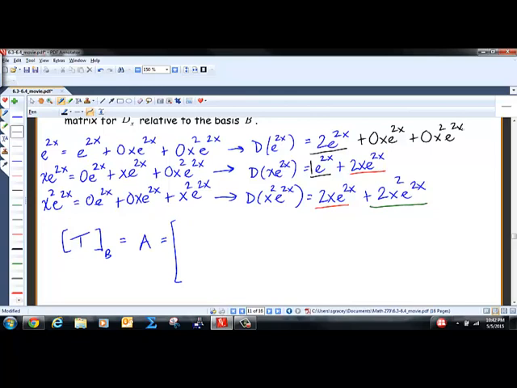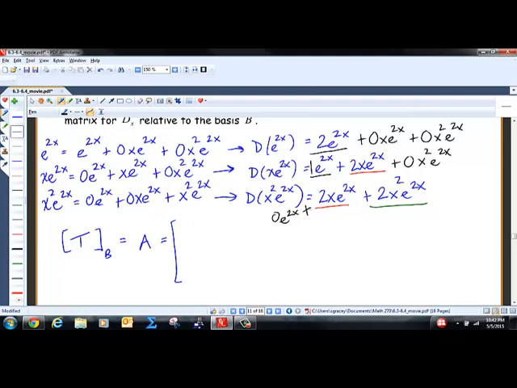This guy is going to be what? We have 1 e to the 2x plus 2x e to the 2x plus 0 of these x squared e to the 2x's. And then over here, if I was going to squeeze one in, we would end up having 0 e to the 2x's plus the other one. So let's check out this trend, and let's check out what we have.